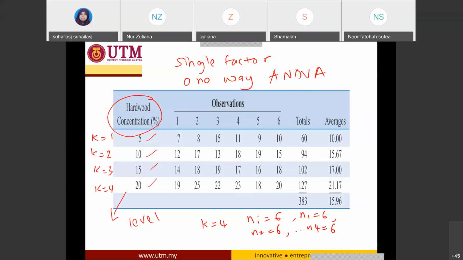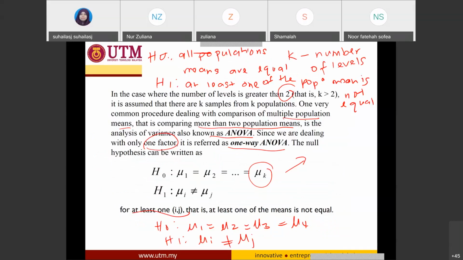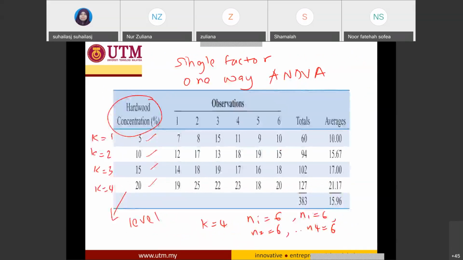Only a single factor, which is hardwood concentration. Mu here is the grand mean, which is 15.96.